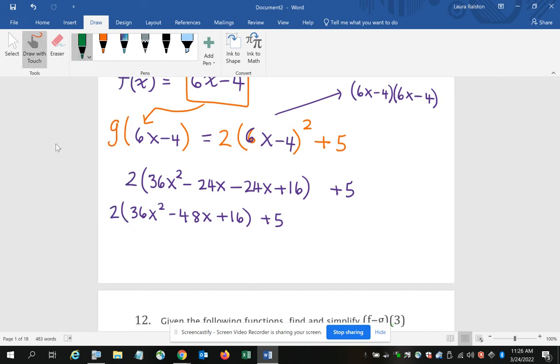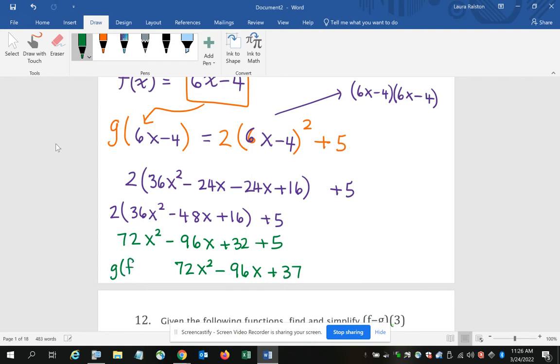If I distribute the 2, I would have 72x squared minus 96x plus 32 plus 5. And finally, I'm going to come back and combine like terms. I have 72x squared minus 96x plus 37. That is g composed with f at x.